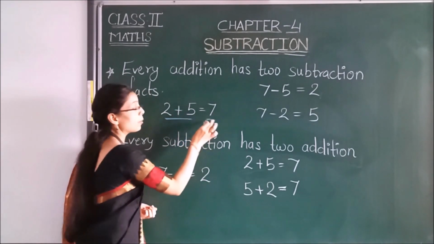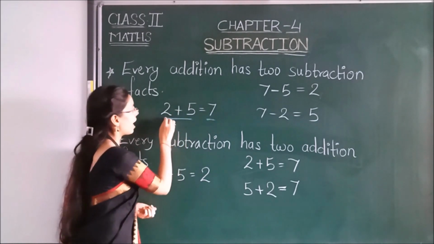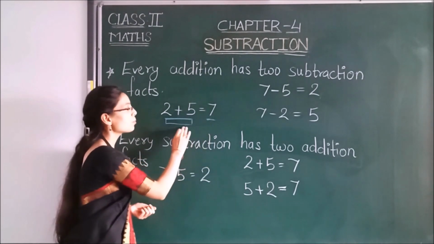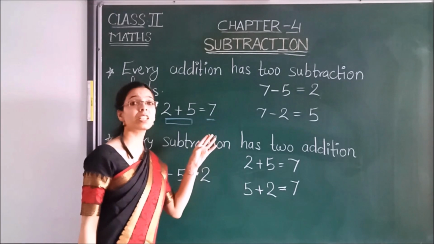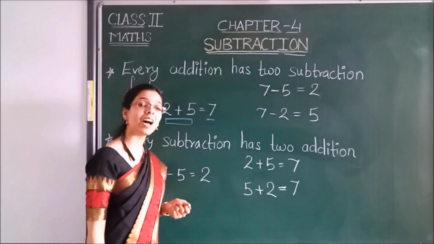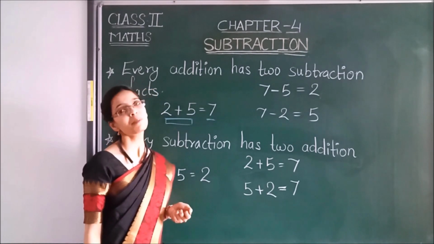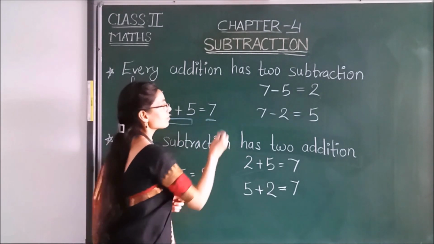See, among these 3 numbers, which number is bigger? 7. And these 2 numbers are smaller than 7. So in subtraction facts, we have learned that we can subtract a smaller number from a bigger number. Which is the bigger number here? 7.